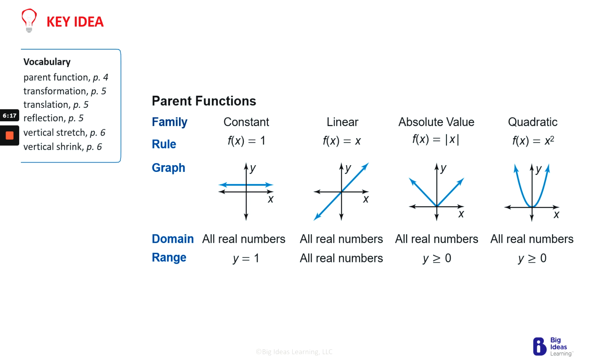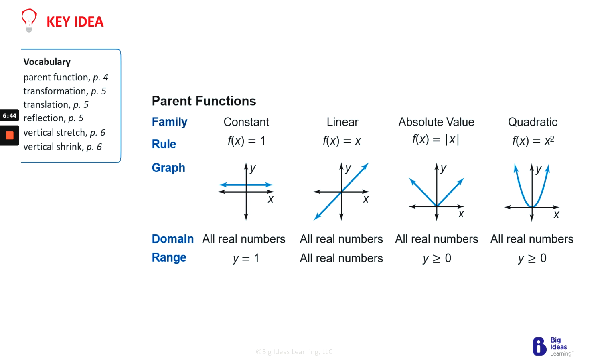They have the arrows on both sides, correct? Looking at your parent functions to begin with, which one of those is not going to have that for their domain? The square root, because the square root can't go past what x value? It can't go past 0. Right? So see how it starts at the origin and then goes up and over? Because you can't plug in a negative x. Well, not yet. Into a square root.